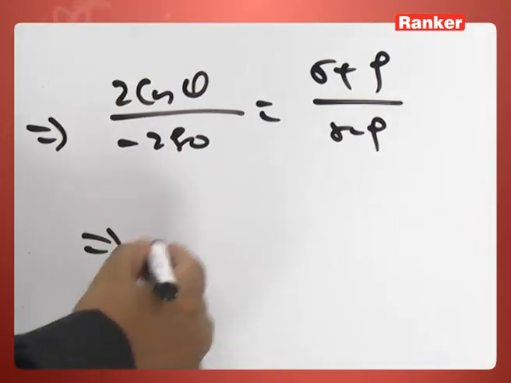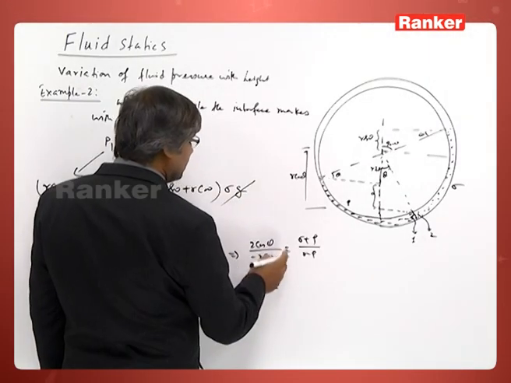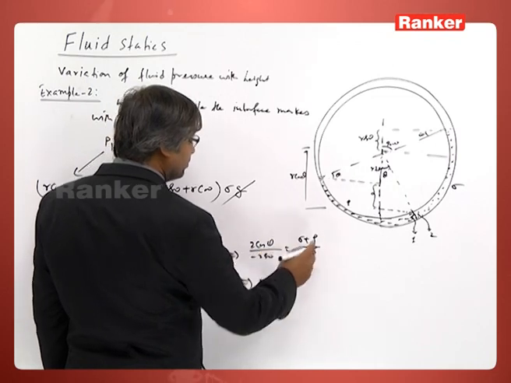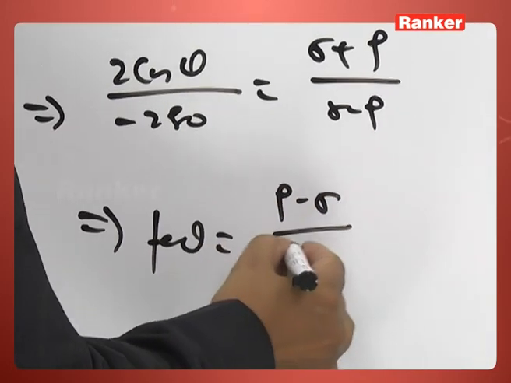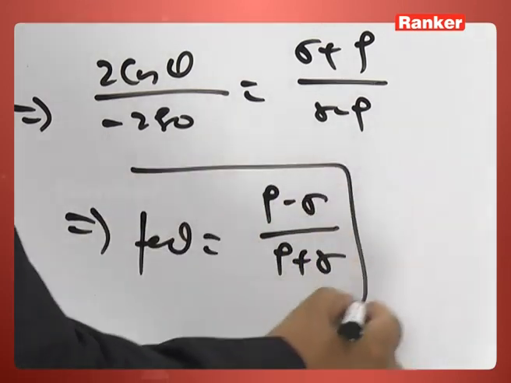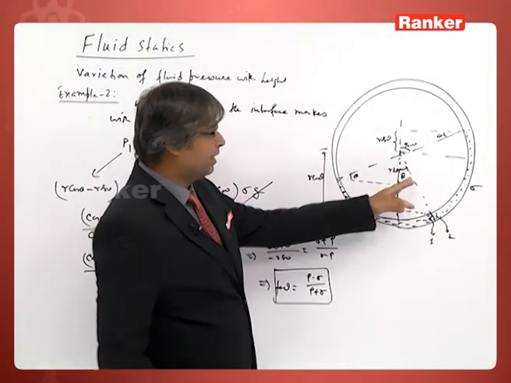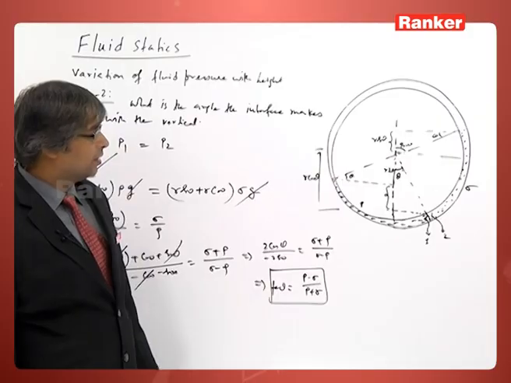So the sin theta cancels in one, and the cos theta cancels in the other. So here we have 2 cos theta and here 2 sin theta, equal to (sigma plus rho) by (sigma minus rho). This implies we have tan theta equal to (rho minus sigma) by (rho plus sigma). So this is the angle the interface makes with the vertical.